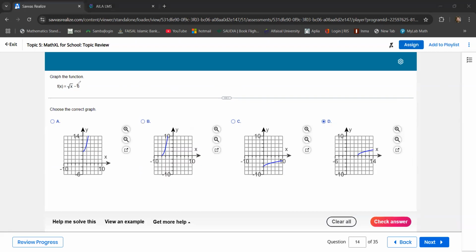So root x minus 6, it's root x, then minus 6, which means it goes down 6 units. And down 6 units, it is really C.